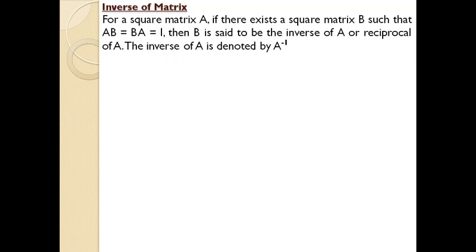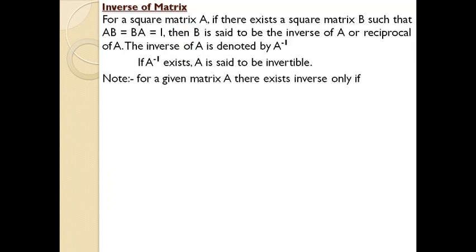For finding the inverse of a particular matrix, there is an equation or a formula. Before we go into the formula, you need to remember two important things. Matrix A is said to have an inverse if that matrix is a square matrix and it must be non-singular.